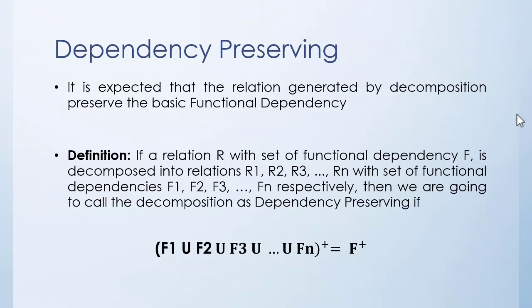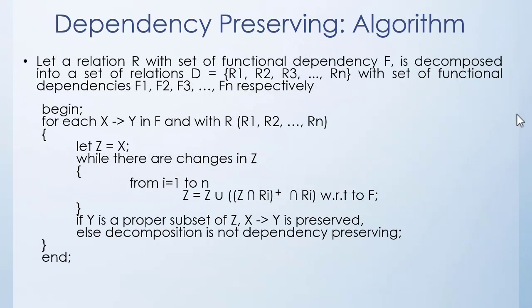So, how do we find whether a decomposition is dependency preserving or not? There is an algorithm. We are not going to discuss the algorithm in detail right now. We are going to see some examples of how we can check whether our decomposition is functional dependency preserving.